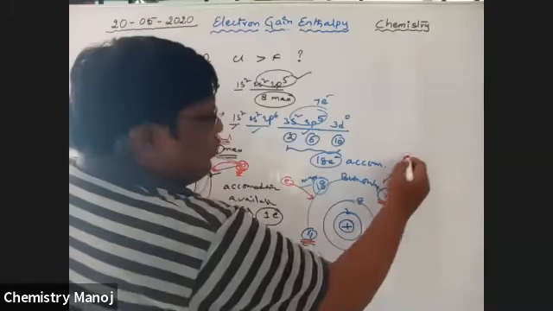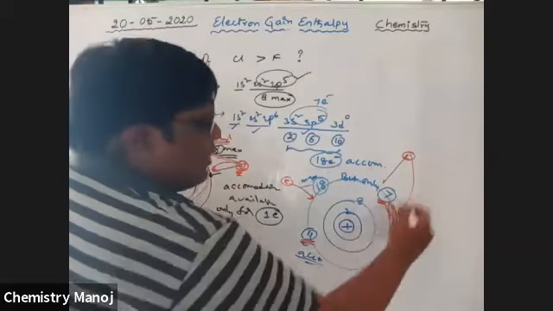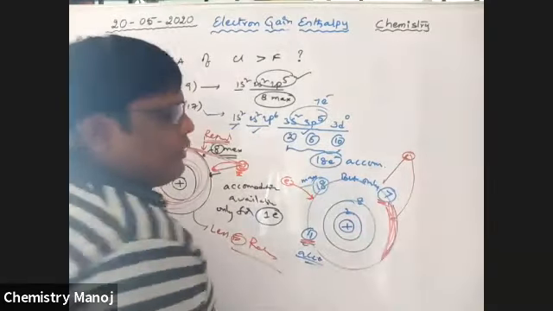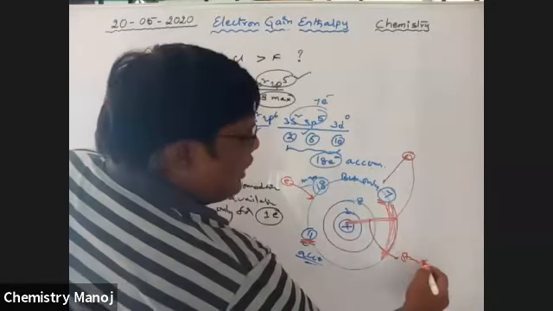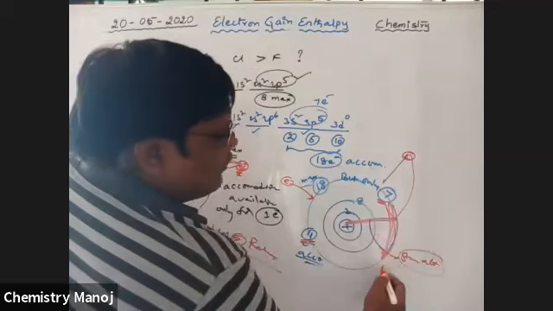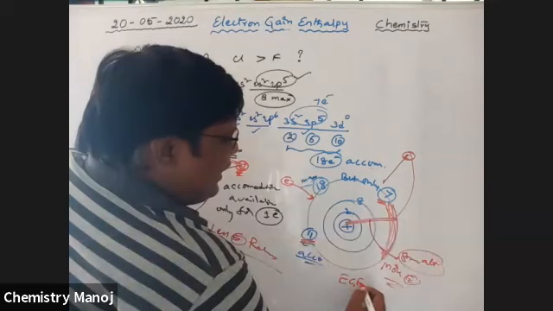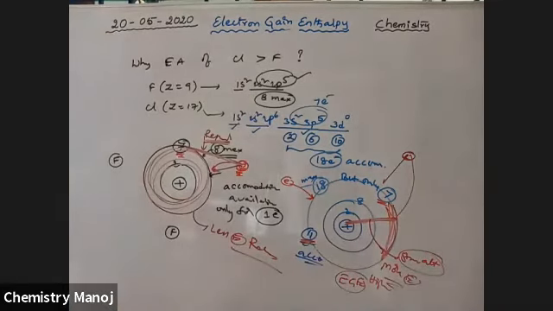So for the addition of an electron, there is a large empty space and no problem. Therefore, a strong attractive force is applied, more energy is released, and therefore electron gain enthalpy is high.